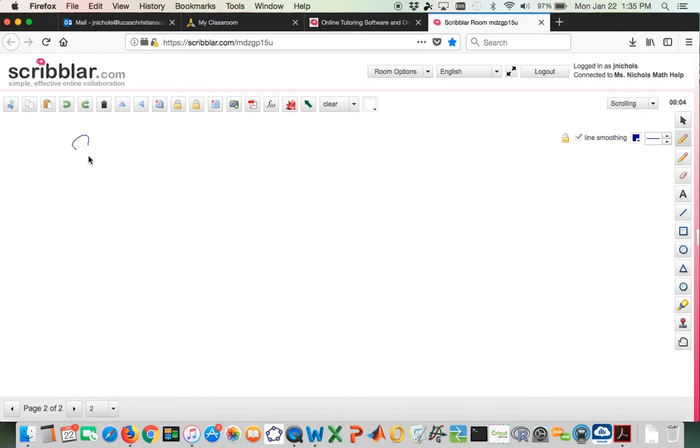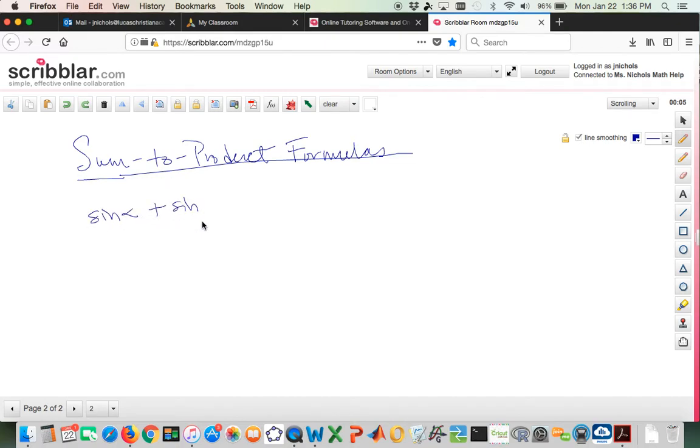Let's write sum to product formulas. I have sine alpha plus sine beta is equal to 2 times sine of alpha plus beta all over 2 times cosine of alpha minus beta all over 2.